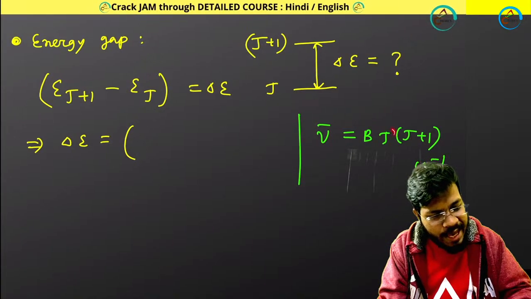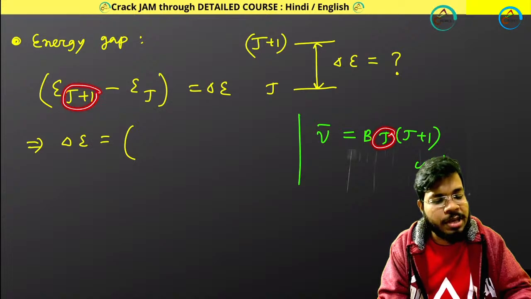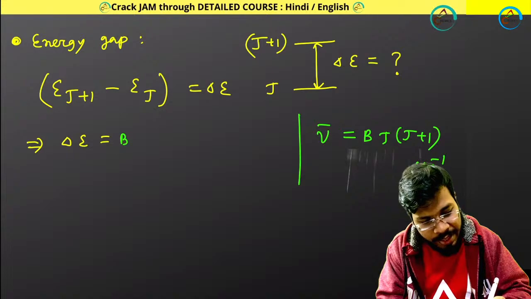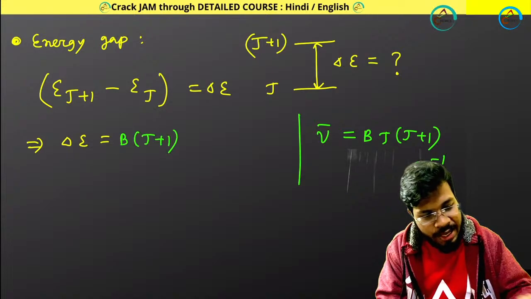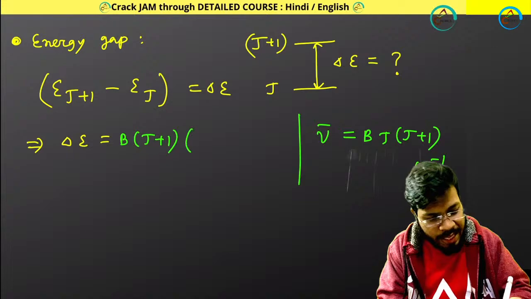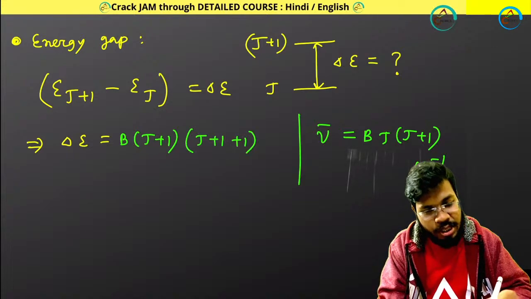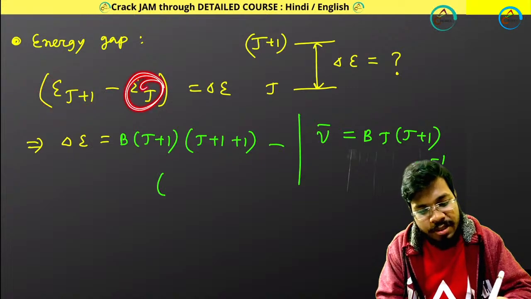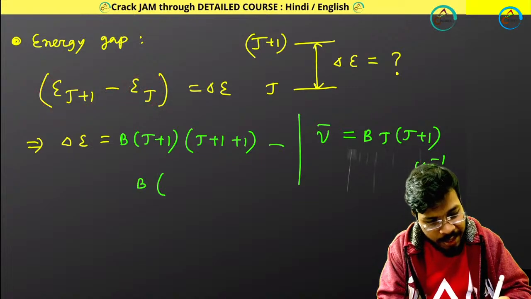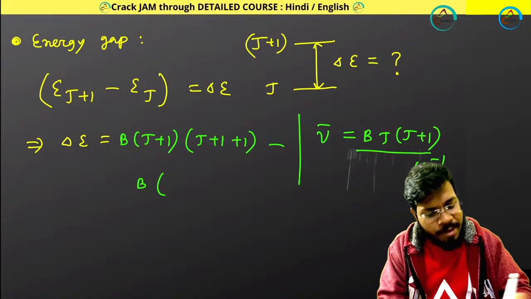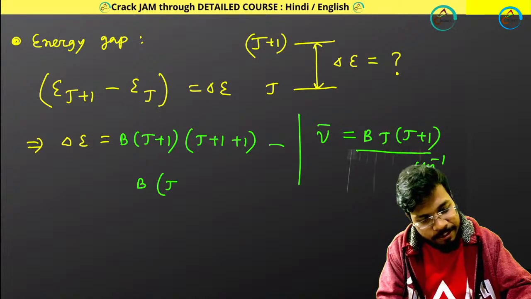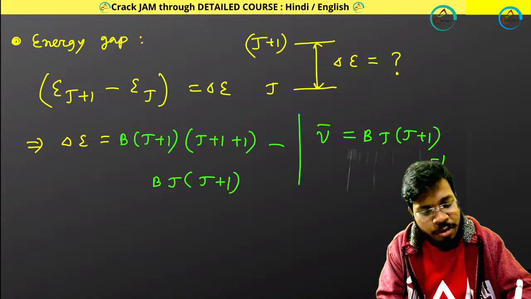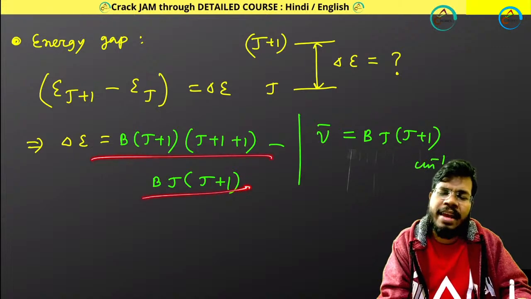In the place of j, as you are considering j plus 1, put j plus 1. So your expression will be B into j plus 1, into j plus 1 plus 1, minus the value of Ej, which is B j into j plus 1. This will be the energy gap of successive energy levels.